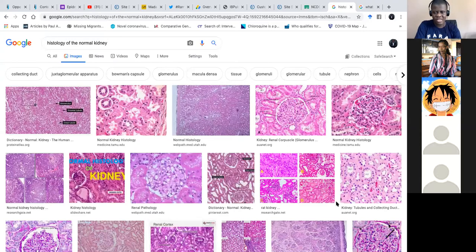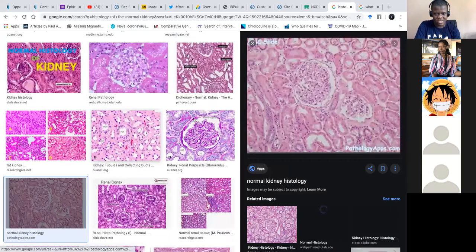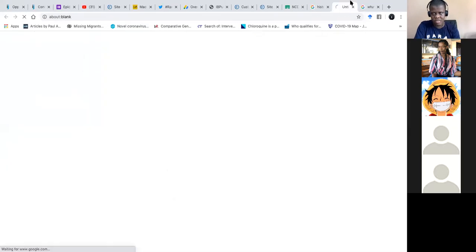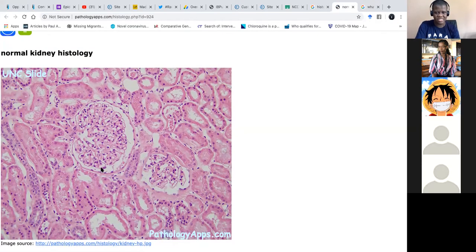Now, what you're looking at is histology of the normal kidney. Everything looks like this when you're looking at a normal kidney. You can see the glomerulus, you can see everything. This is how a normal kidney histology looks.